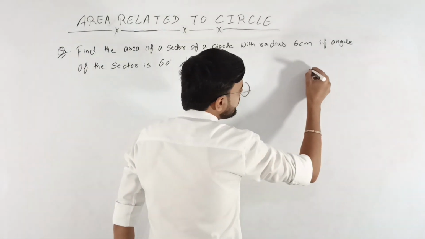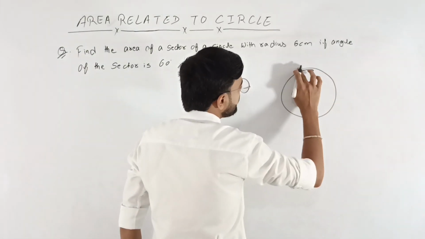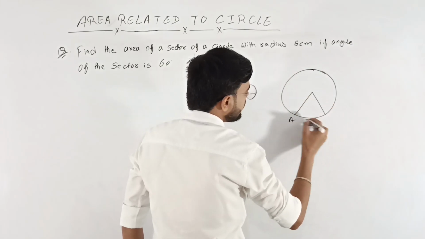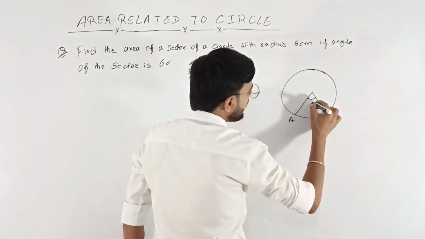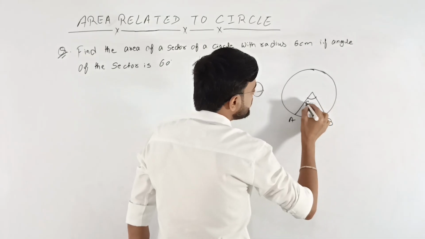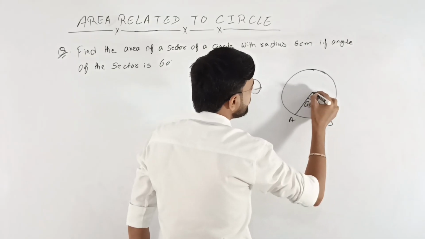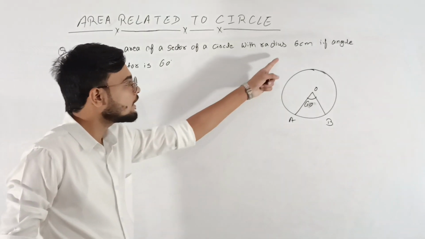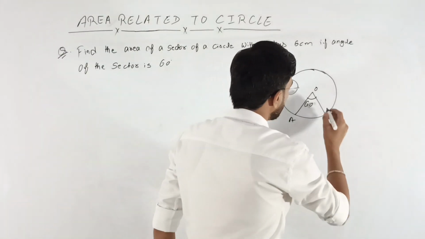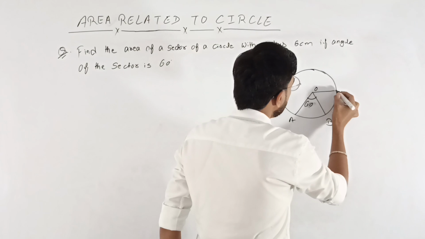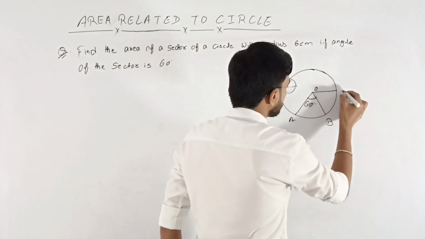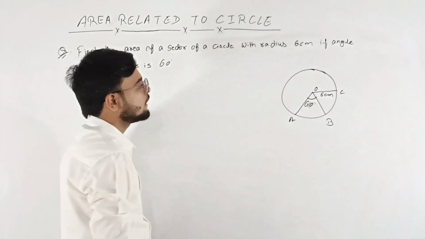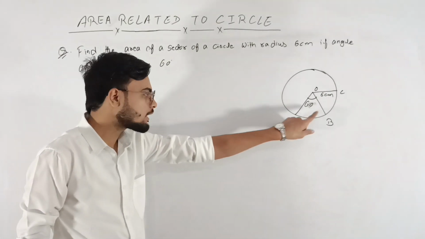So the question said that there is a circle with an arc, and this makes an angle of 60 degree with the center, and the radius of this circle is given as 6 centimeter. So we have to find the area of this sector.